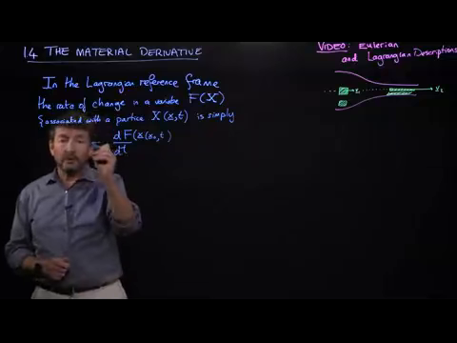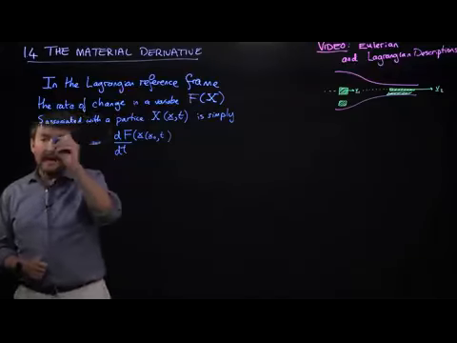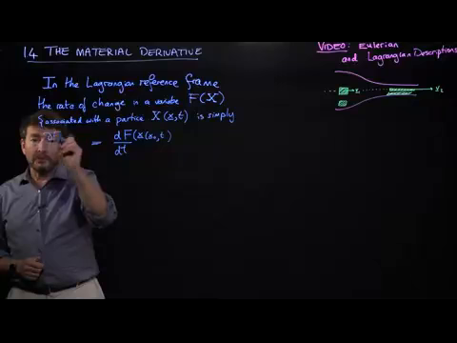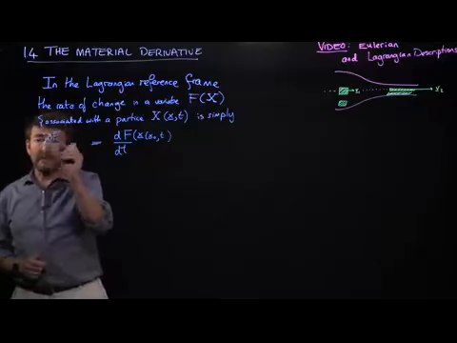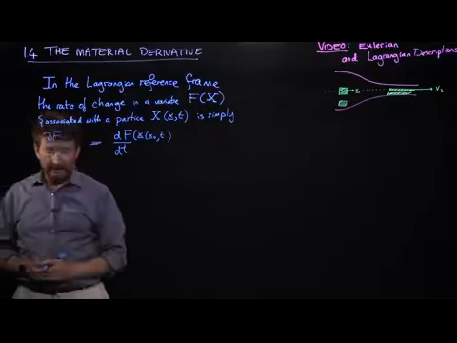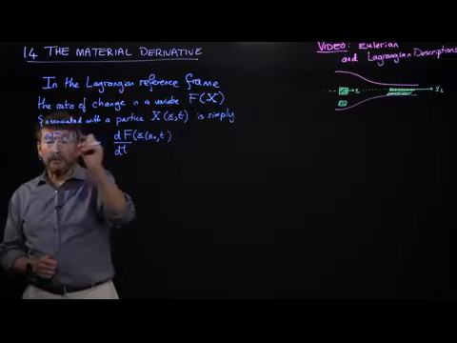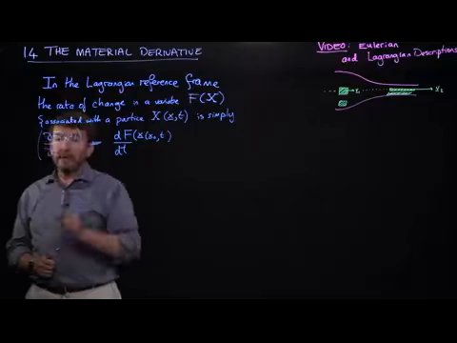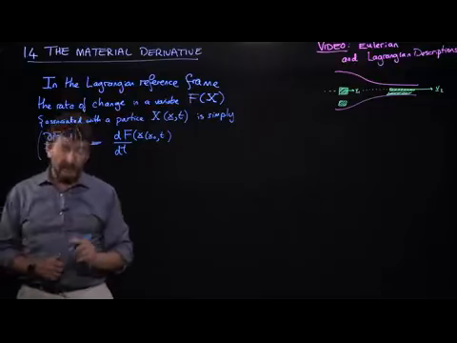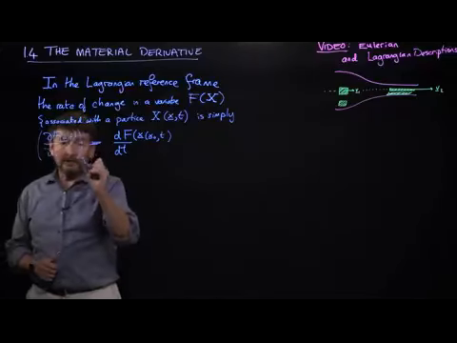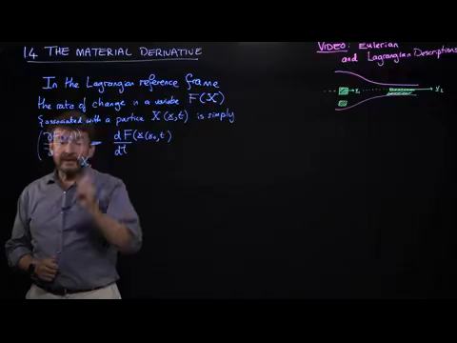And so we could also write this equivalently as a partial derivative. It's the rate of change of f with respect to time, where f is a function of position and time. And when we write a partial derivative, we really mean something is being held constant. And what's really being held constant here is the identity of the particle.